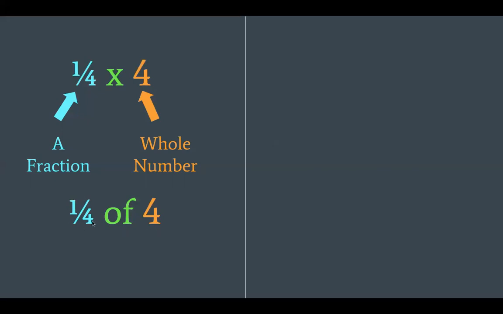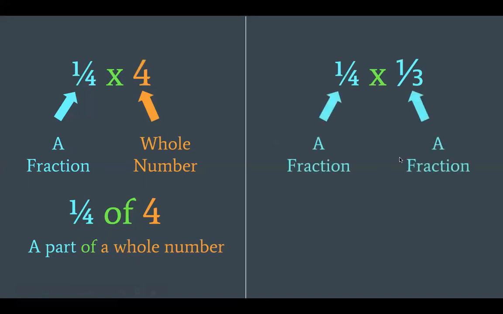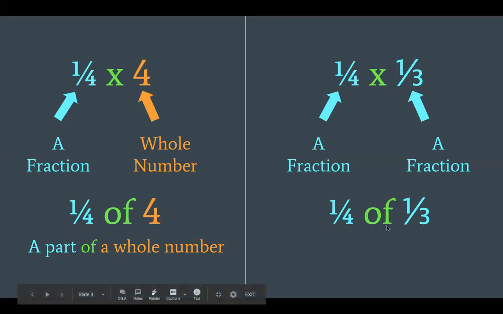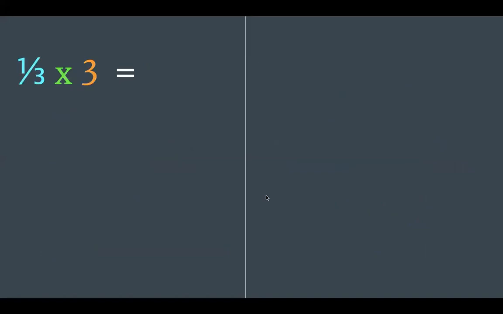So we're thinking a part of the whole in this. So a part of the whole number, 1/4 of 4. If we have two fractions multiplied by each other, we would say it's 1/4 of 1/3. So keeping it in the same order, we're just changing that multiplication sign to "of," because we're thinking of a part of a fraction. Okay, moving on to an example.